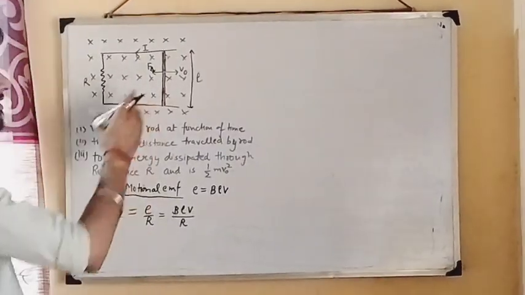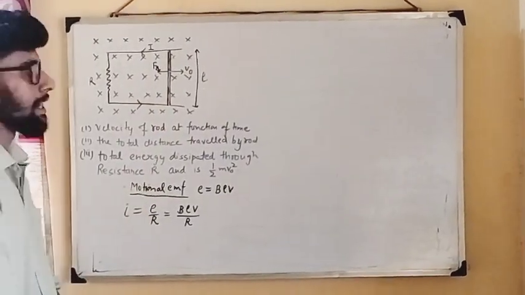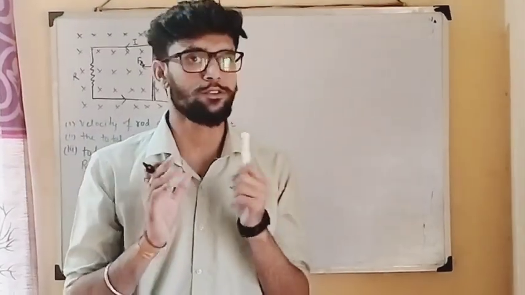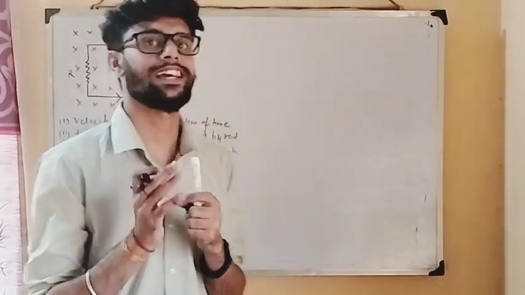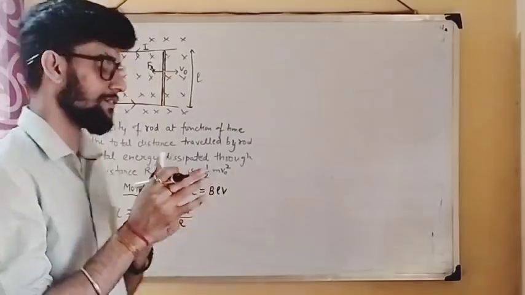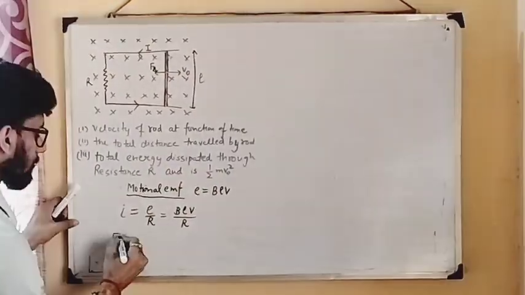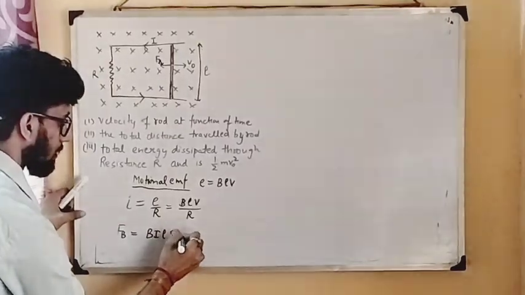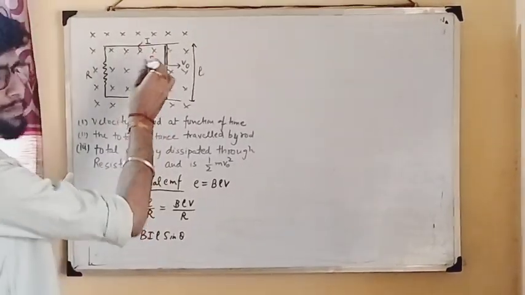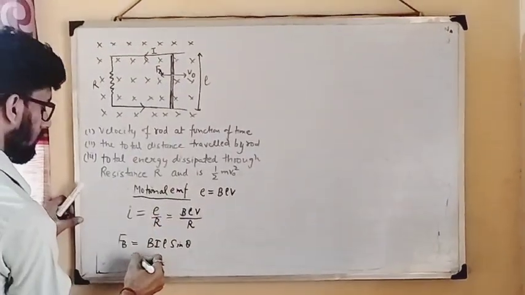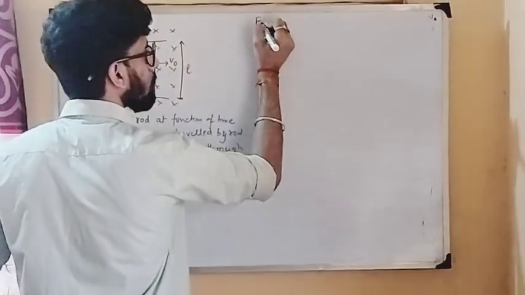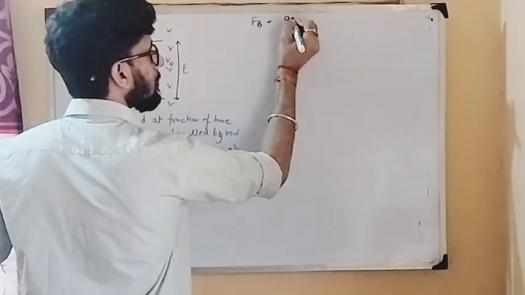Also, since the conductor is carrying current and is placed inside a magnetic field, it will experience a force, that is the force on a current carrying conductor in a magnetic field, given by F is equal to BIL sin theta. Since the magnetic field is perpendicular to the plane, theta is equal to 90 degrees, or F is equal to BIL.